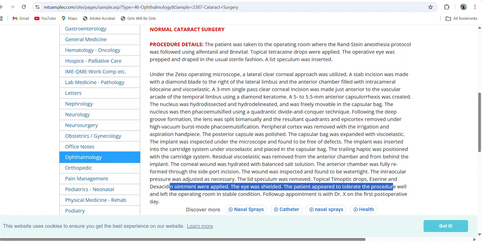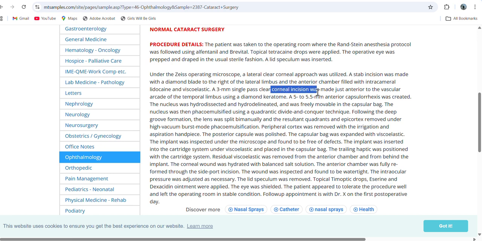So basically, what are the key points in identifying a simple cataract? How do we come to know that it is a simple cataract? There is a clear corneal incision.